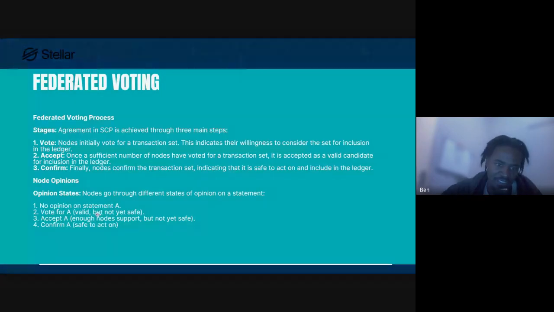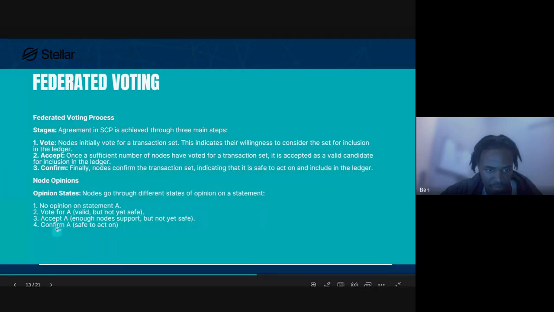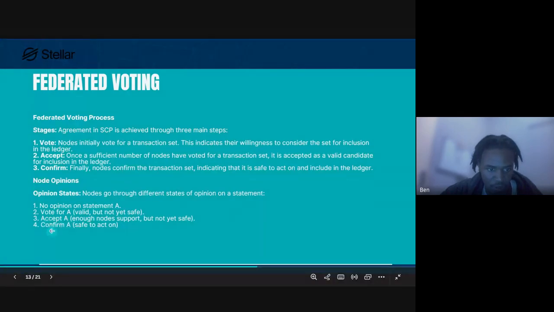It has not yet formed its decision. It has not yet decided that this statement is in fact valid. And then the third state is where the node accepts the statement.